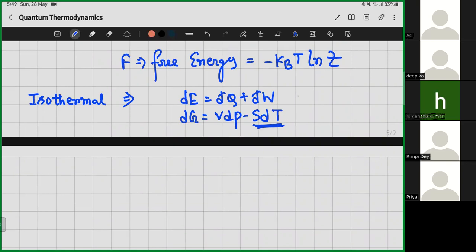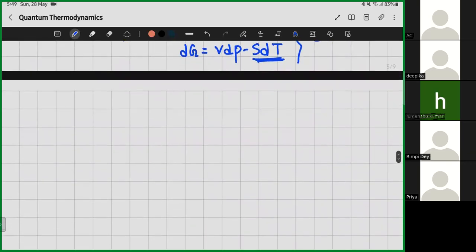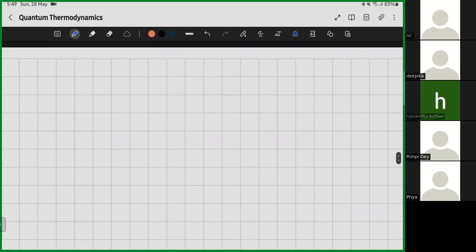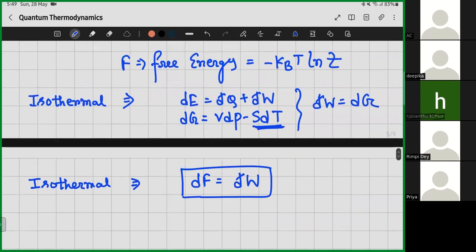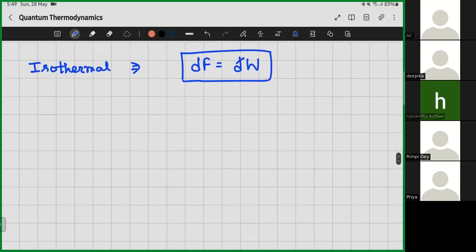So we know that for isothermal process, the d cross q is equal to dG. Here also, if we consider the isothermal process, analogously, we can say that dF should also equal the work done, d cross w. Just with analogy with our classical thermodynamics, we can say that.